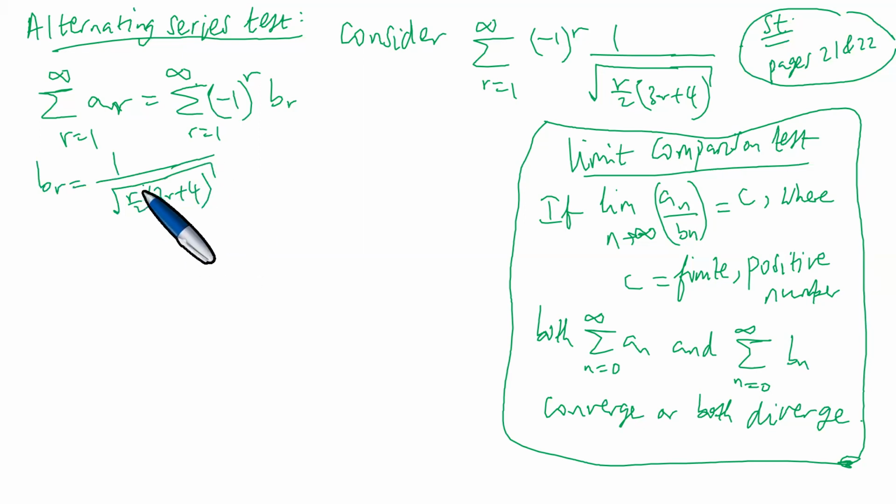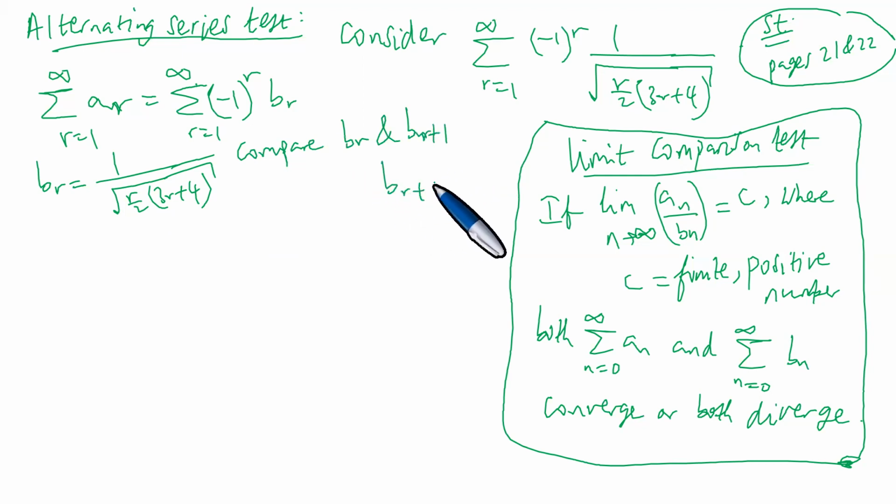We argue that this one is decreasing. Sometimes it's tricky to see, but decreasing means you compare b_n and b_(n+1). If it's decreasing, then as you take larger values of n, it is smaller.